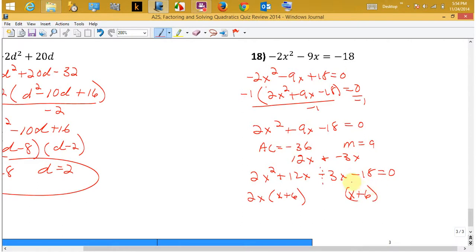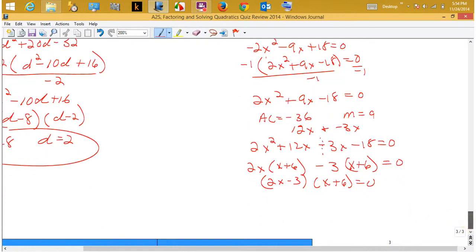And notice that what the equation has is a minus, it becomes a plus, so I must have to factor out a negative. So I'm going to pull out a negative 3. And let's just check that. Negative 3 times x is a negative 3x. Negative 3 times 6 is a negative 18. So my factors are 2x minus 3 times x plus 6 equal to 0. So x is equal to 3 halves. X is a negative 6.